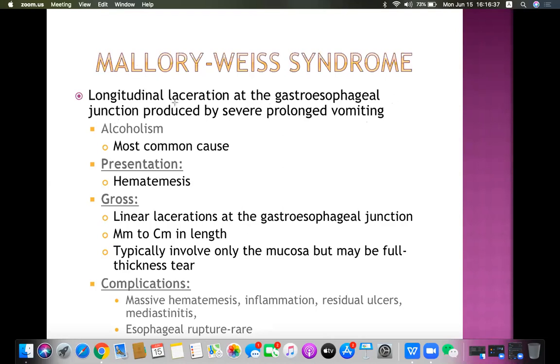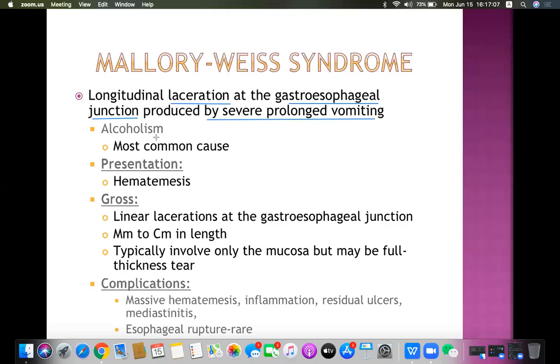This is an important point. It is also known as retching, because before vomiting, the alcoholic will retch, and during that time, a lot of pressure is generated inside the stomach, and that part of the mucosa may just rupture or lacerate.